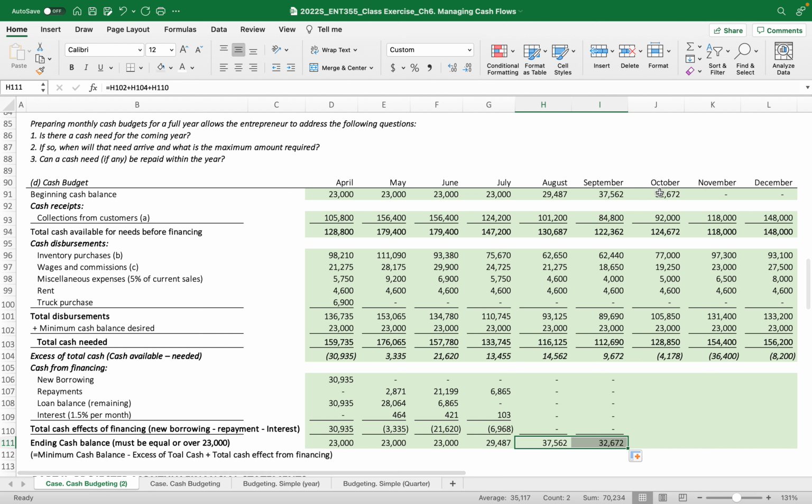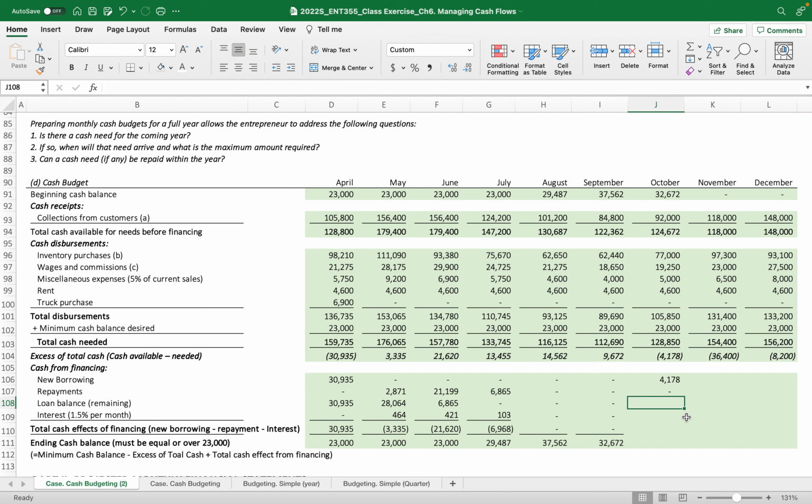But from October, we now have a shortage of cash, 4,178. Because of this shortage of cash, we need to borrow money one more time, right? 4,178, and we borrow with exactly the same procedure as when we started borrowing in April.